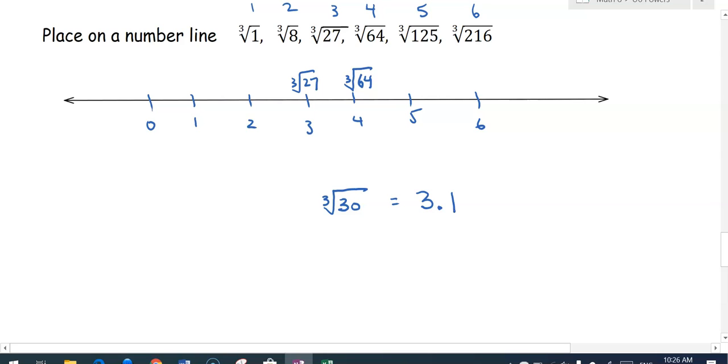Again, it's just an estimate. You could use your calculator. Good practice is to try to find that cubed root button on your calculator. Every calculator is a little different, so see if you can find that cubed root button. If I was to type it in, I'd be getting 3.10723 and a whole bunch more numbers, okay? And so you can try it on your calculator and see if you actually get that.